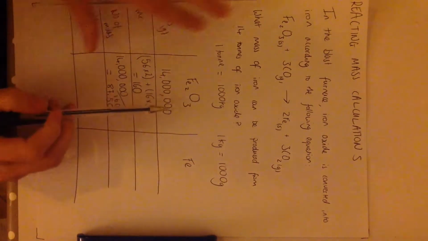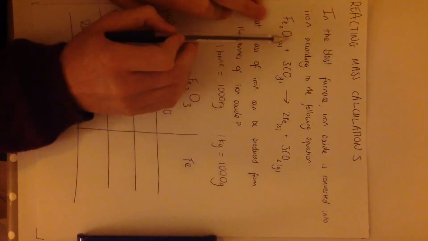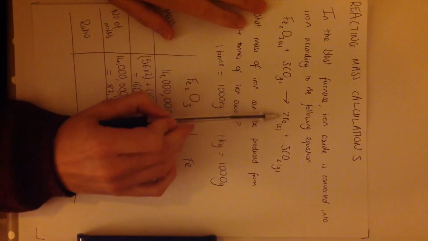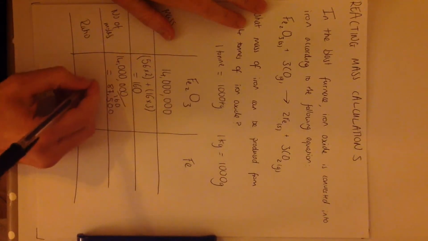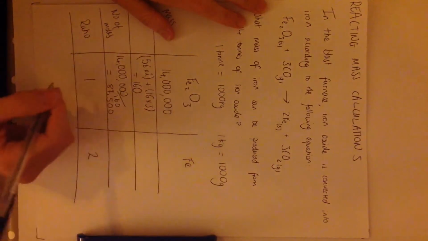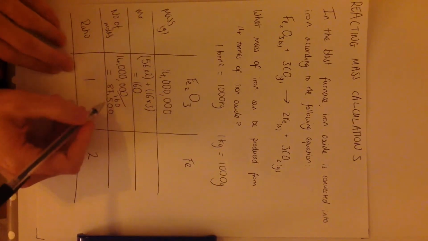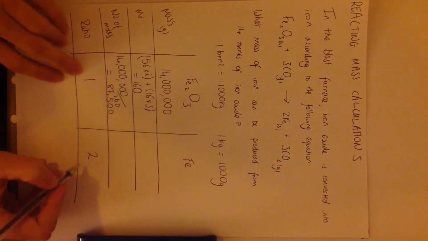If we look at the ratio of iron oxide to iron in our balanced equation, we see that 1 mole of iron oxide produces 2 moles of iron, and I see that from this big 2 here. I can add this into the table, and 2. If we have 87,500 moles of iron oxide, this will produce double the number of moles of iron.